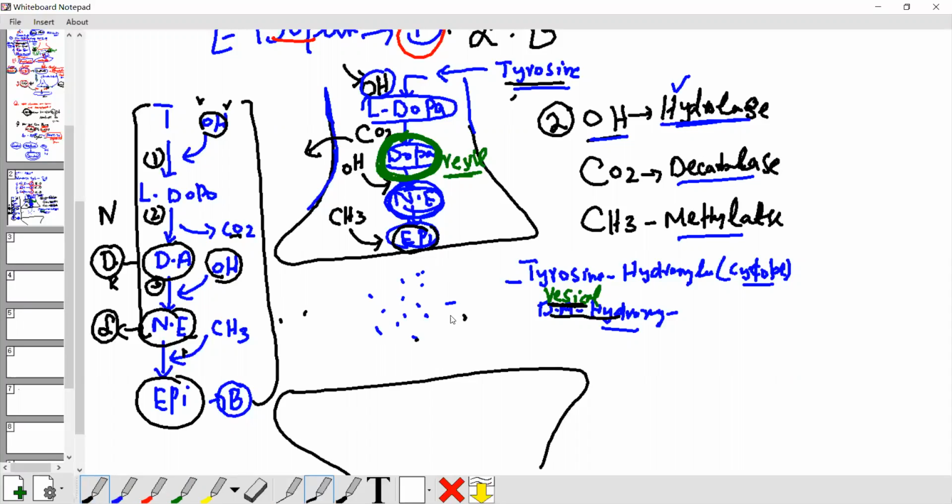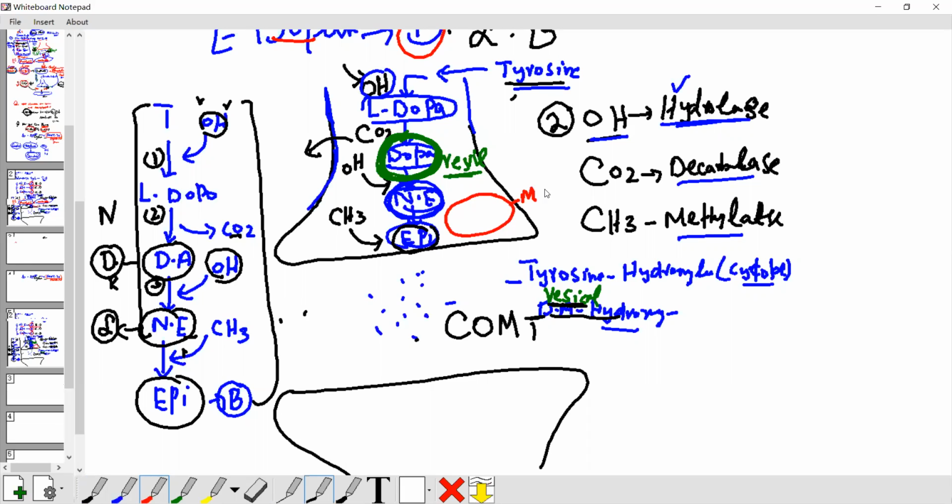Number one, in the synapse, we have COMT. Inside the nerve terminal we have mitochondria.